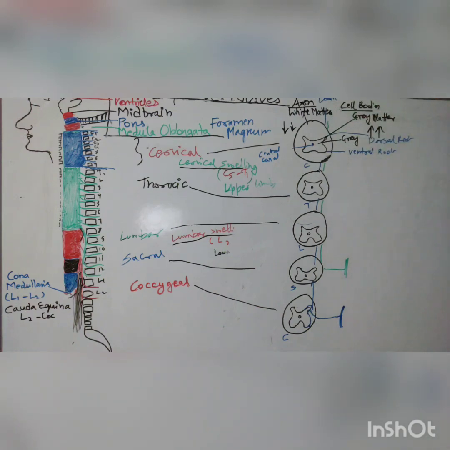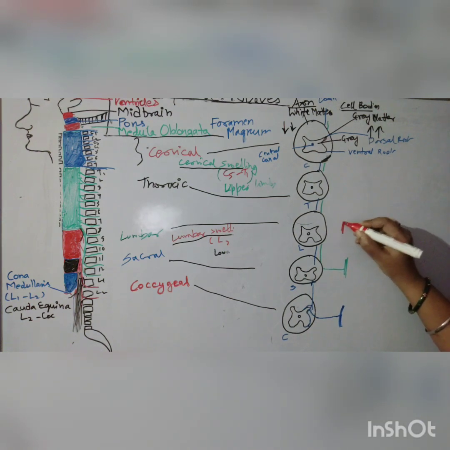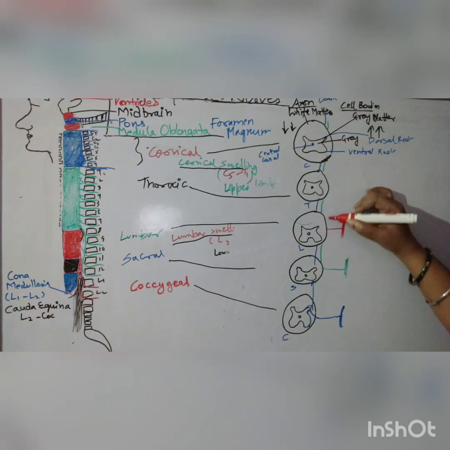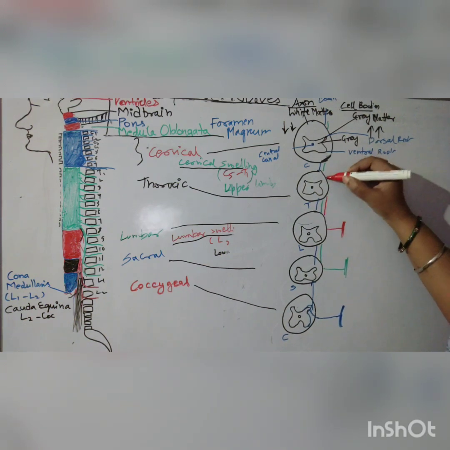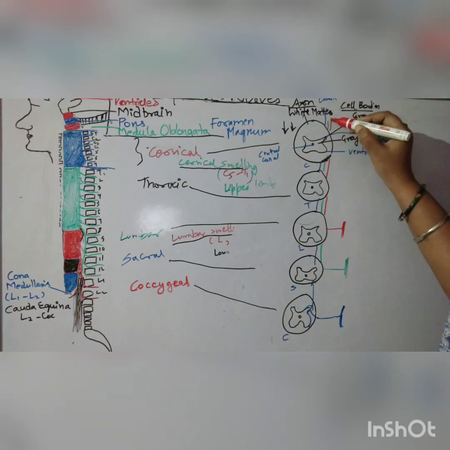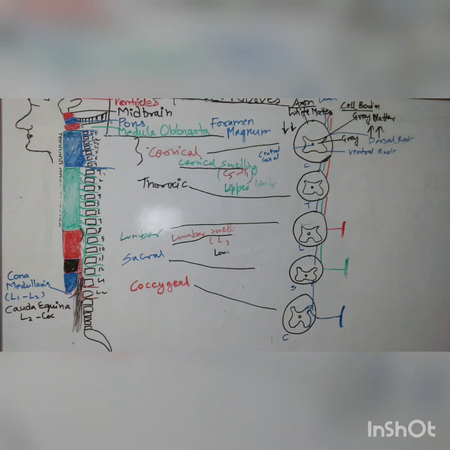Okay. Now suppose an impulse is going from the leg region at lumbar, from lumbar to thoracic, thoracic to cervical, cervical to brain. So this part is used by one organ.